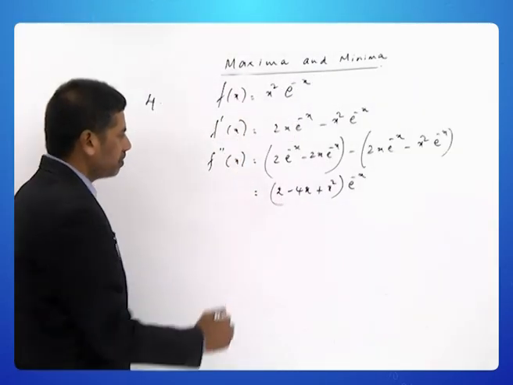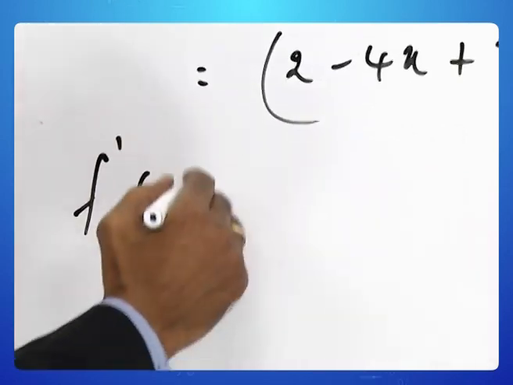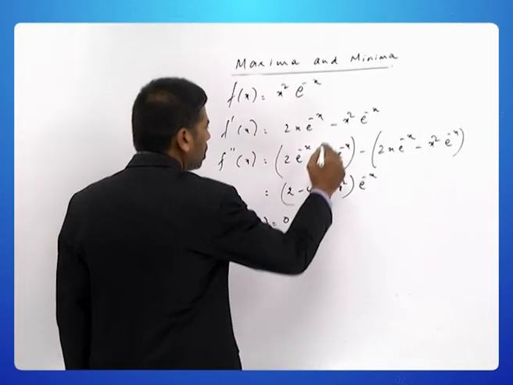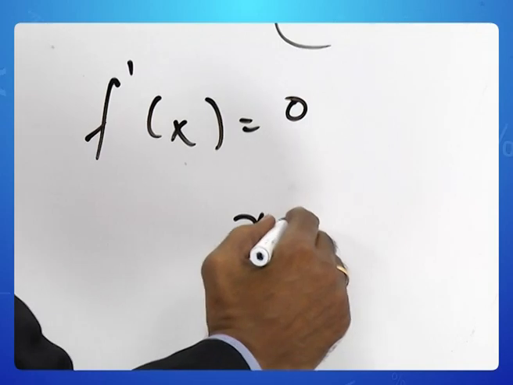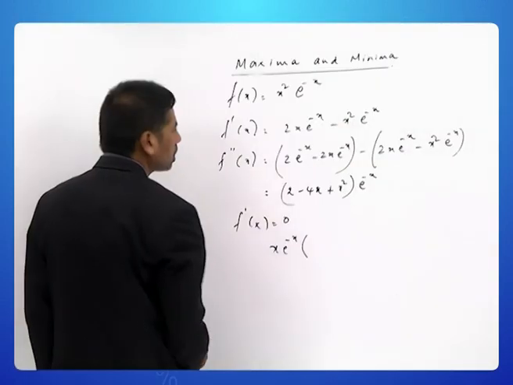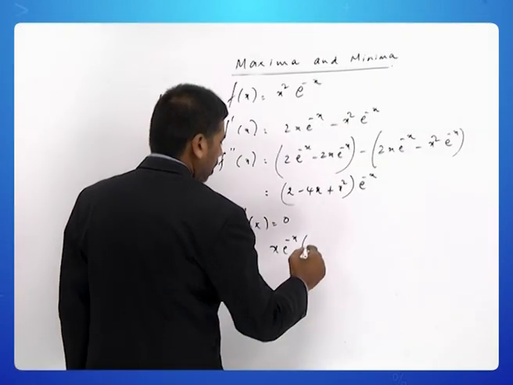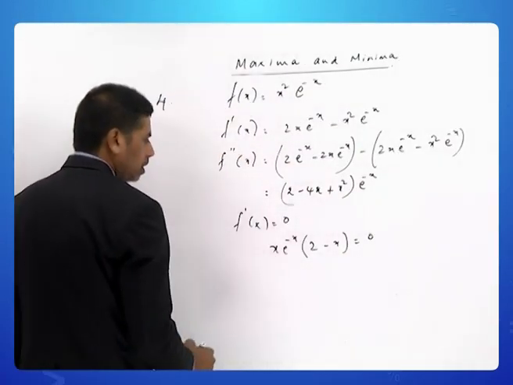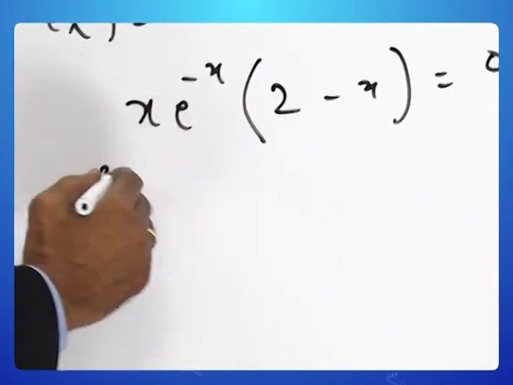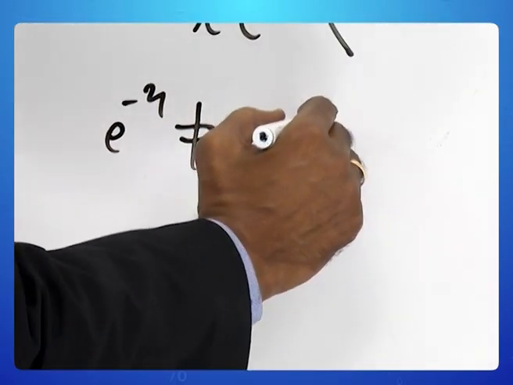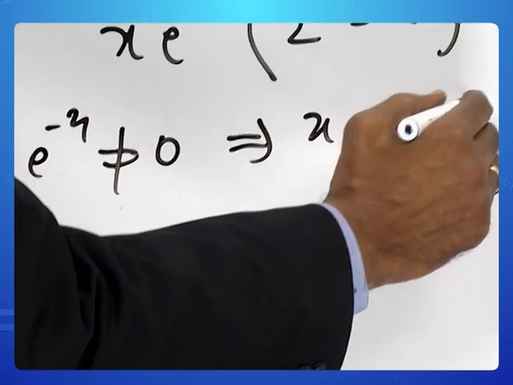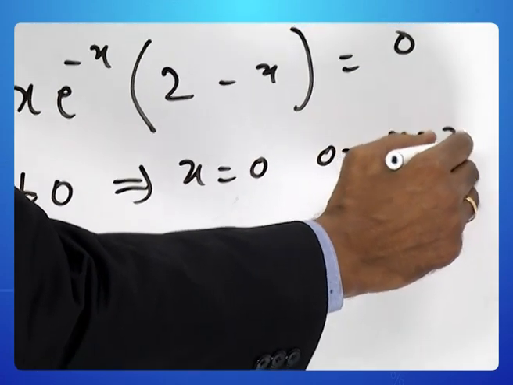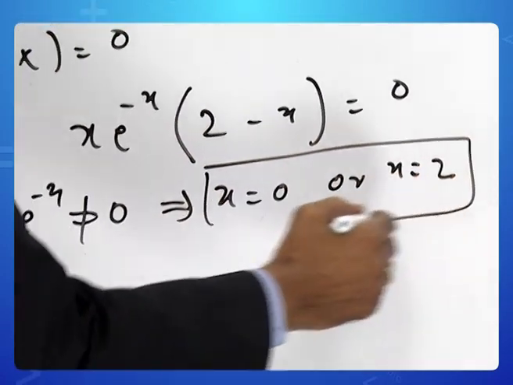Now we take the first derivative equal to 0, from which we can take x e power minus x common. Then we'll have 2 minus x is equal to 0. We all know e power minus x cannot be 0. This implies x is equal to 0 or x is equal to 2 are the critical points.